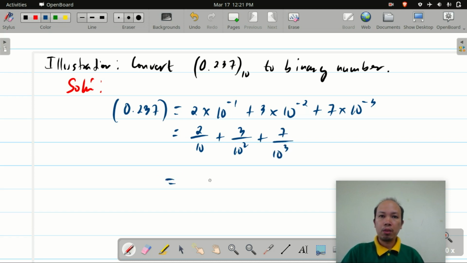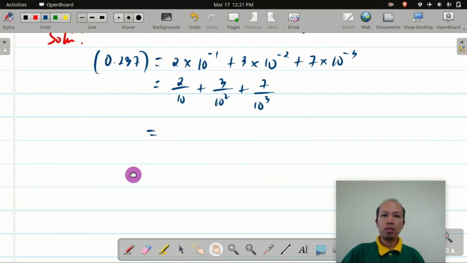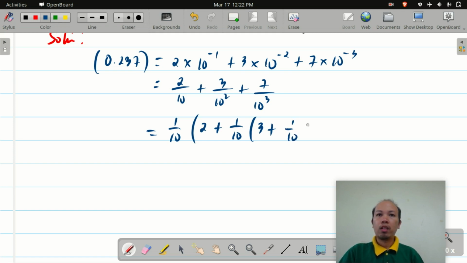We write this in nested form first. Let's factor out 1 over 10, and then we have 1 over 10 times 2 plus 1 over 10 times 3 plus 1 over 10 times 7.